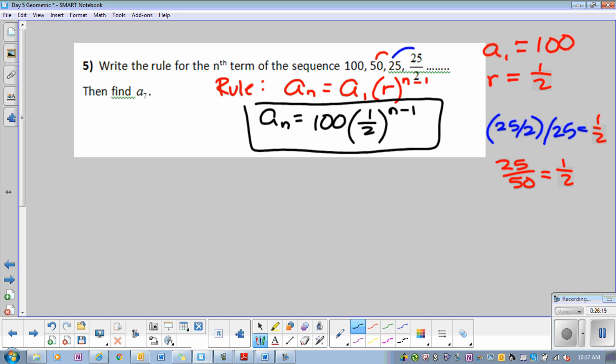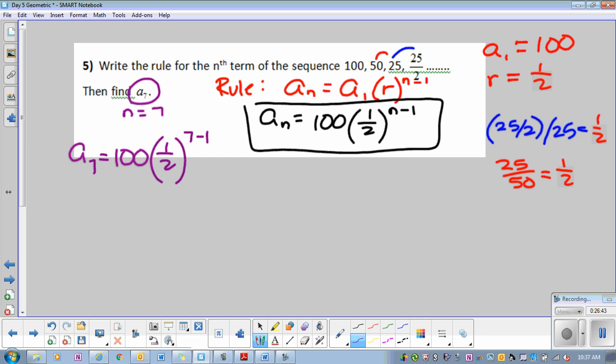Okay, and then find a sub 7. What are you going to do with that 7? Plug it in. Plug in 7 for your n into your formula. So you have a sub 7 equals 100 times 1/2 to the 7 minus 1 power.